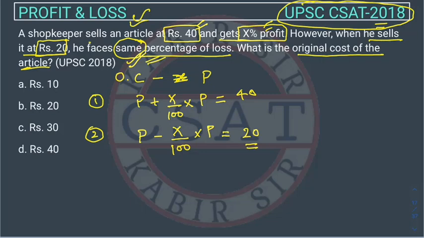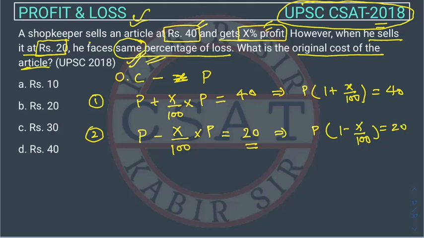This is given. So you can solve this equation. Take P common. It will be P times (1 plus X upon 100) is equal to 40, and P times (1 minus X upon 100) is equal to 20.